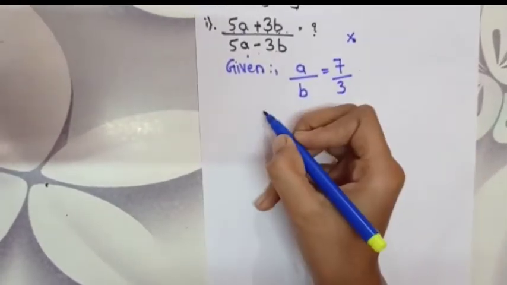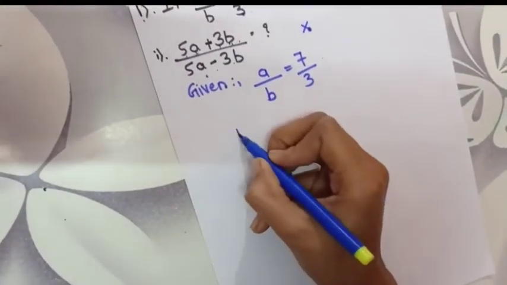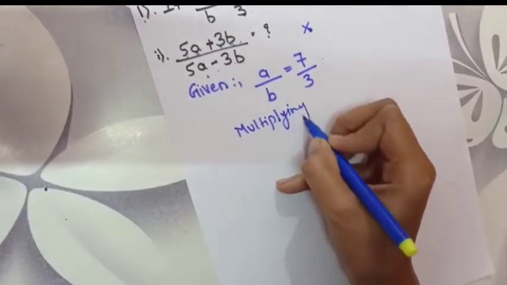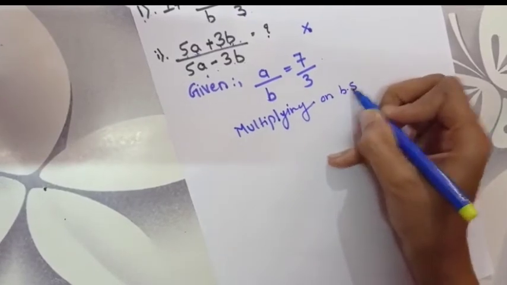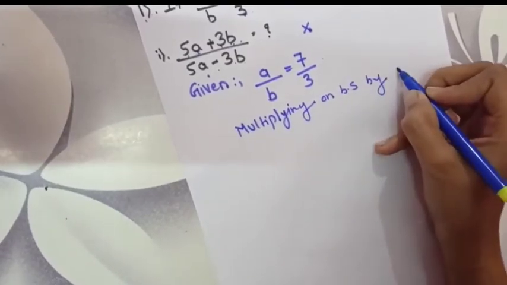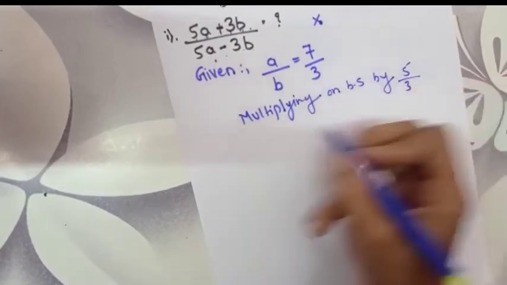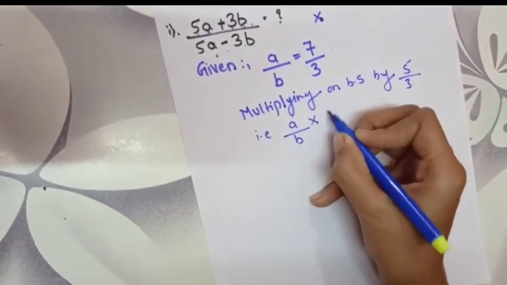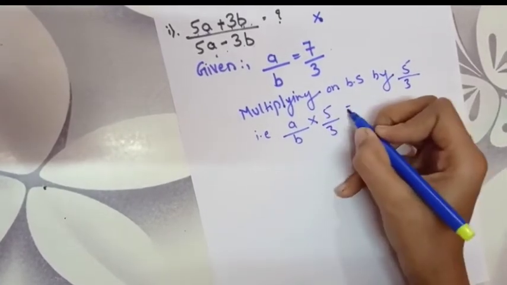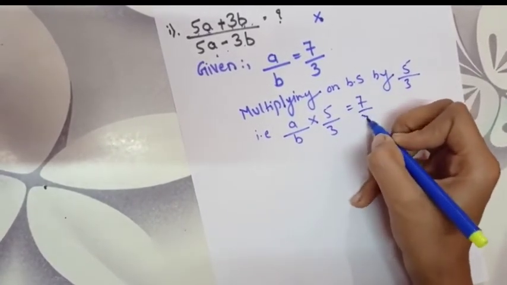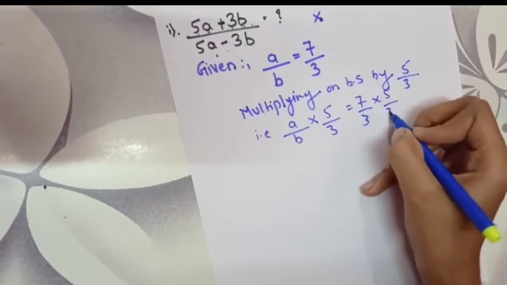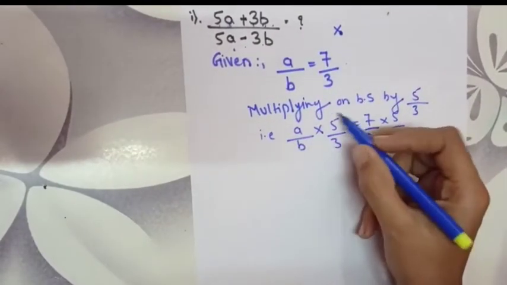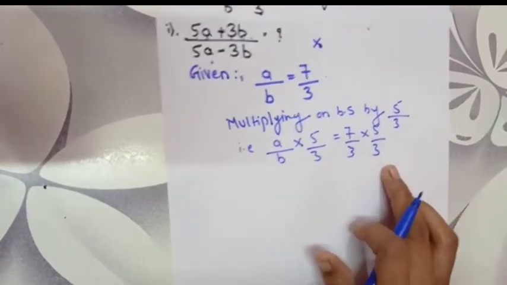So we get a by b into 5 by 3 is equal to 7 by 3 into 5 by 3. We have kept this as it is and multiplied 5 by 3 on both sides.